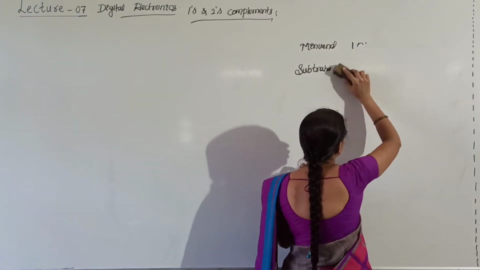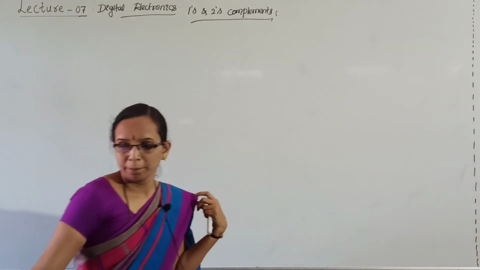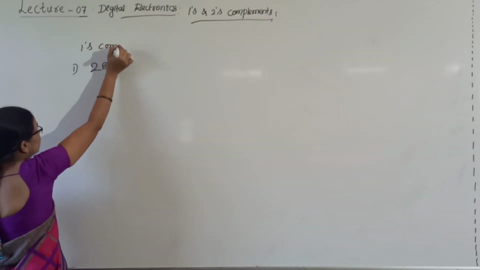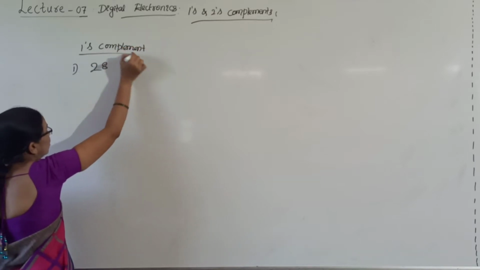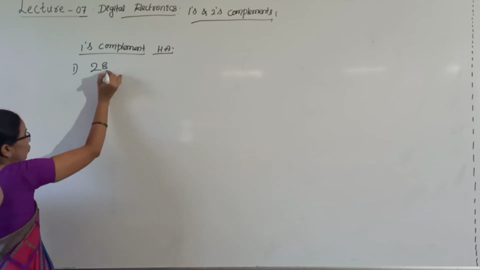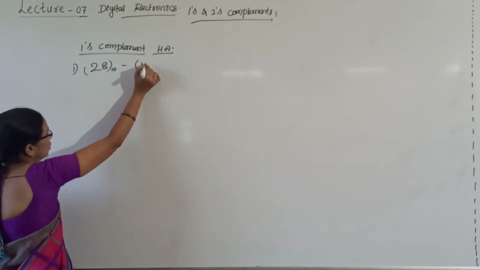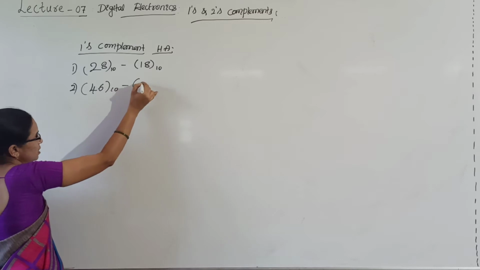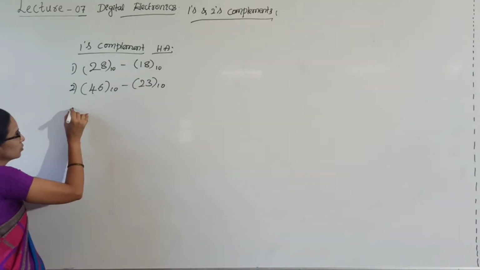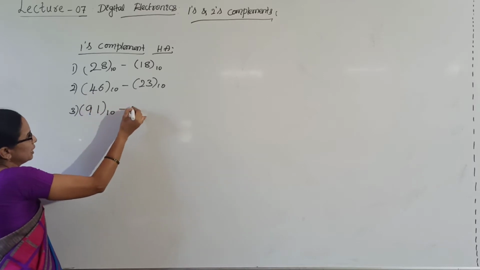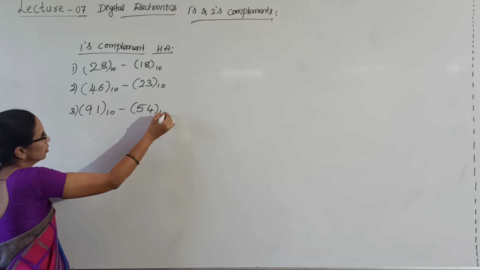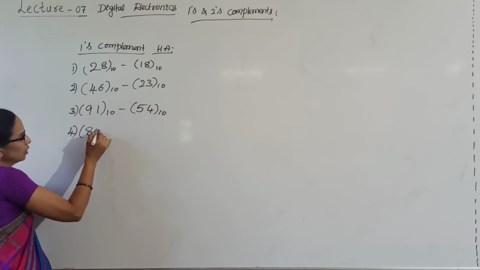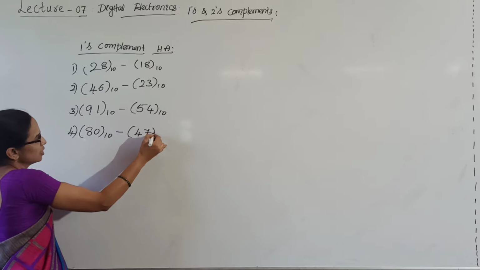I will give some homework problems for you. Ones complement method home assignment problems: 28 minus 18, 46 minus 23, 91 minus 54, and the fourth one, the last one, 80 minus 47.